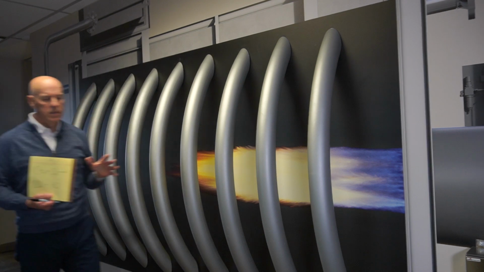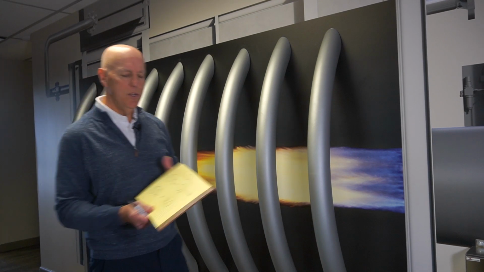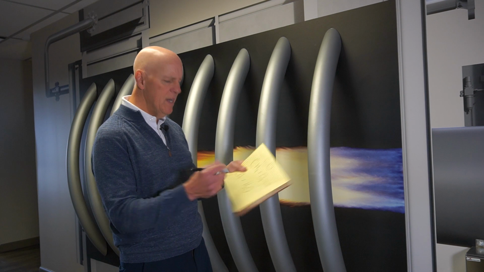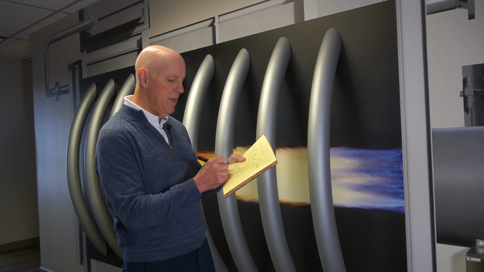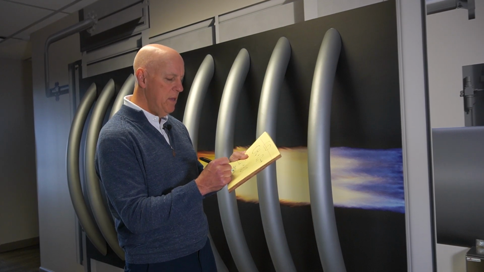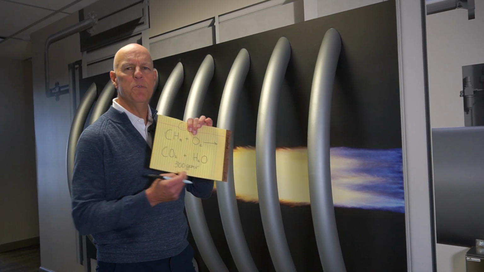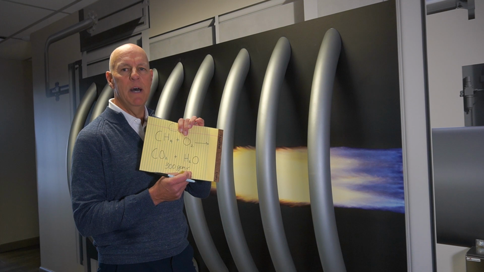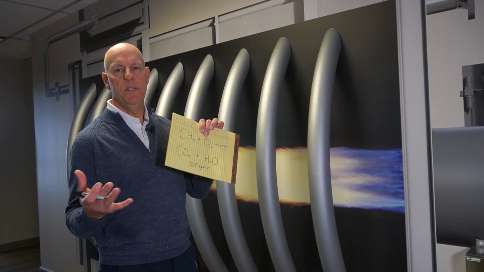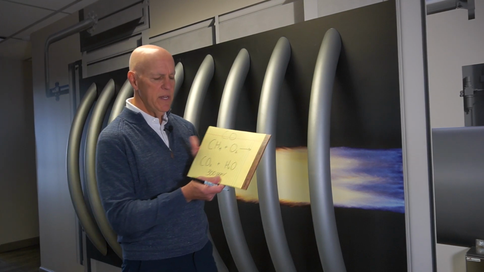So a typical number for regulation for CO might be 300 ppmv, and I'll show you what that is. 300 ppmv, that's parts per million by volume. That might be a typical number that heaters are regulated to.